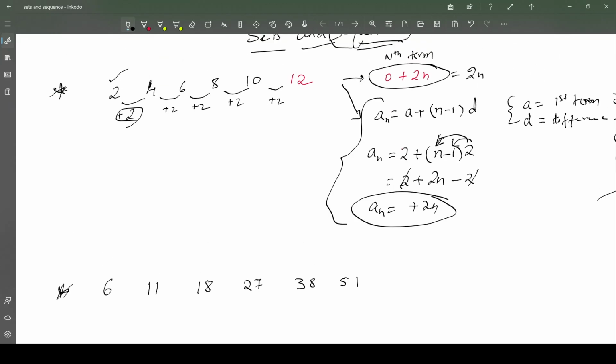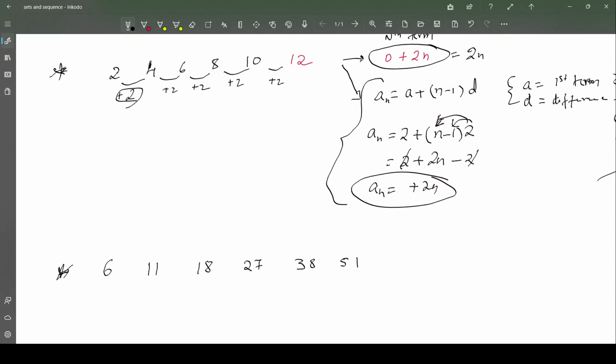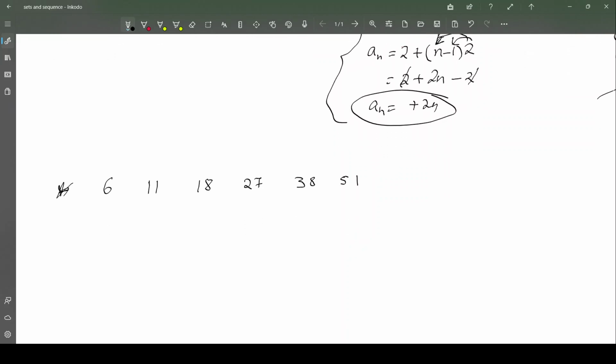You might have noted that in the first question we got the difference in the first row itself, but here the conditions may be different. So let's subtract the second term from the first term.